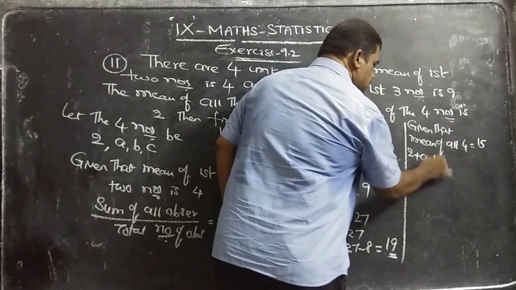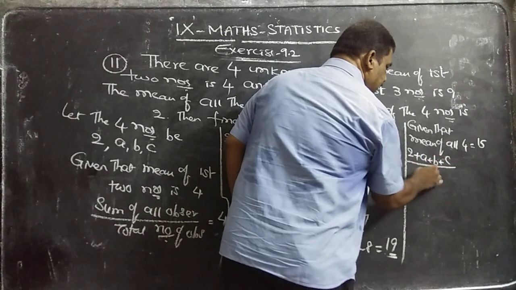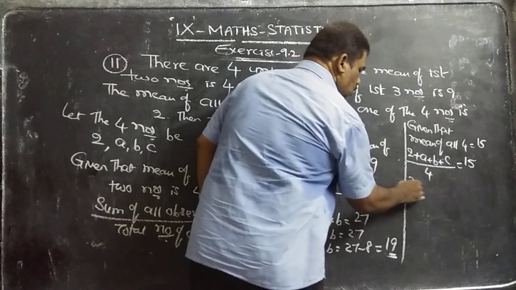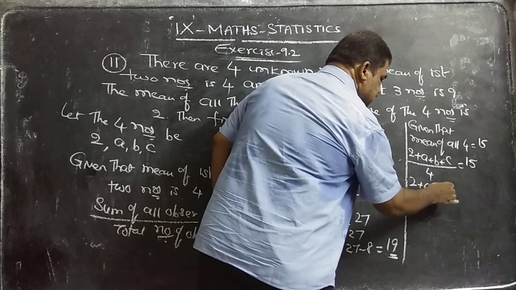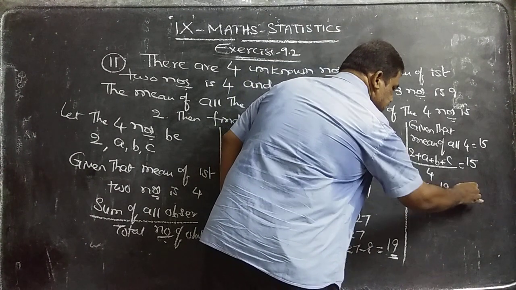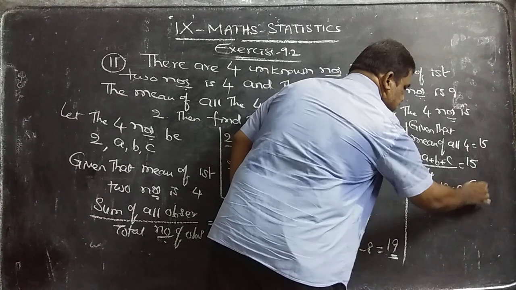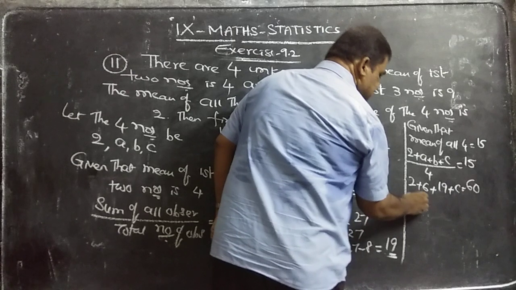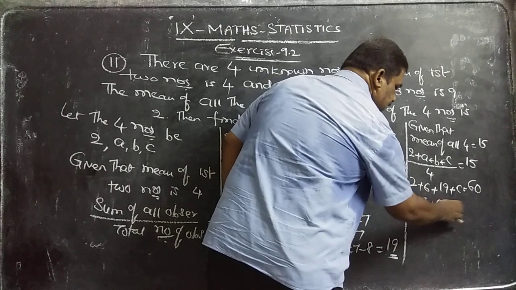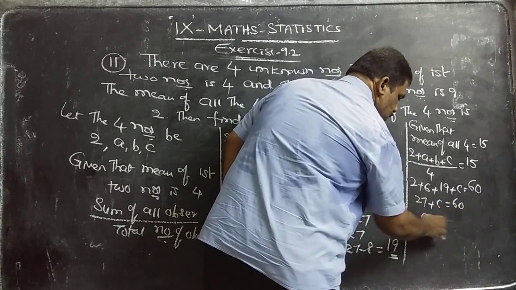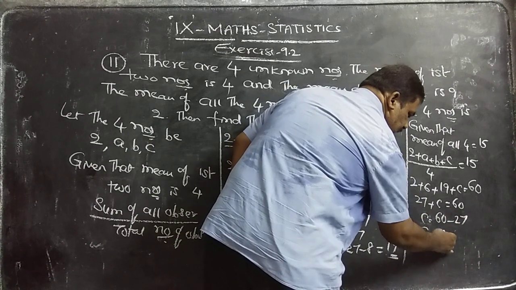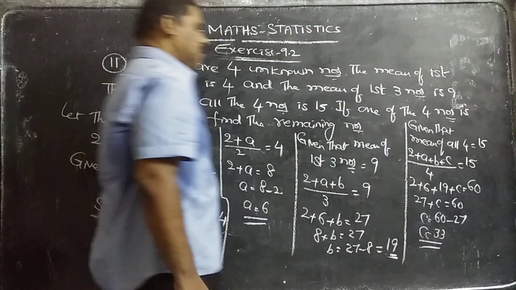Sum of all observations by total number of observations. This is 15. 2 plus A value is 6, B value is 19. C is equal to 15 into 4, that is 60. 2 plus 6 is 8, 19 plus 8 is 27, plus C is 60. So C is equal to 60 minus 27, C value is 33.